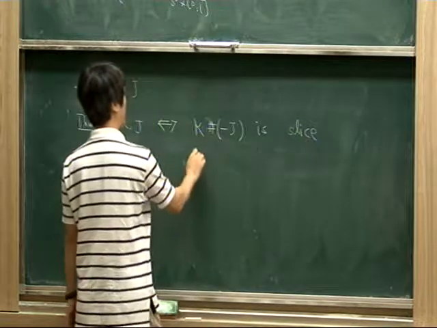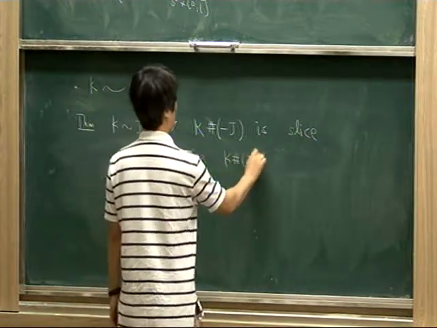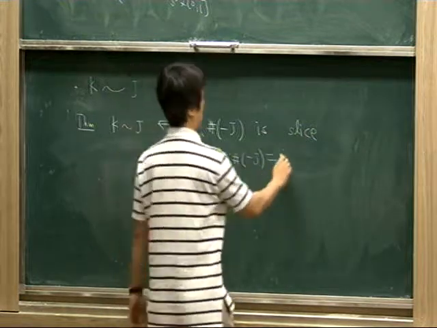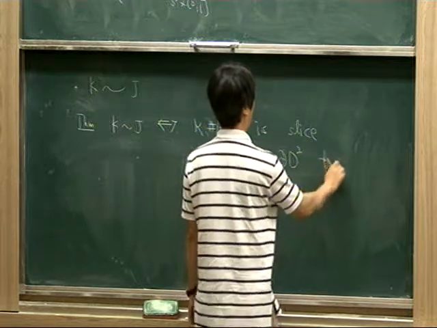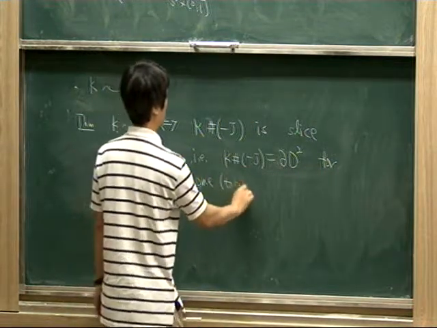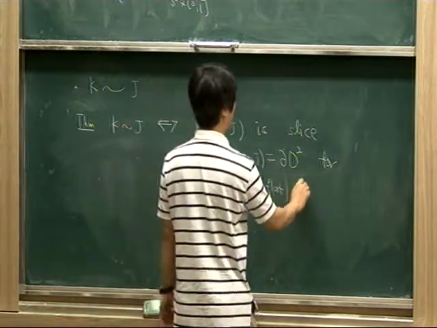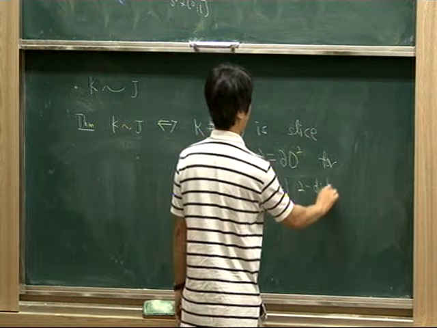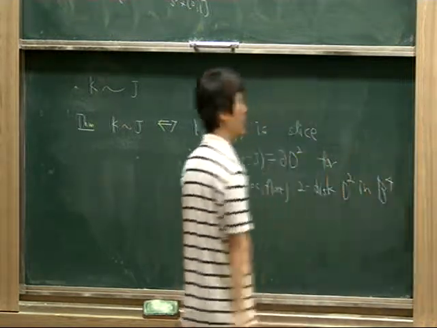By slice I mean K connected sum minus J bounds a topologically locally flatly embedded two-disk in the four-ball.